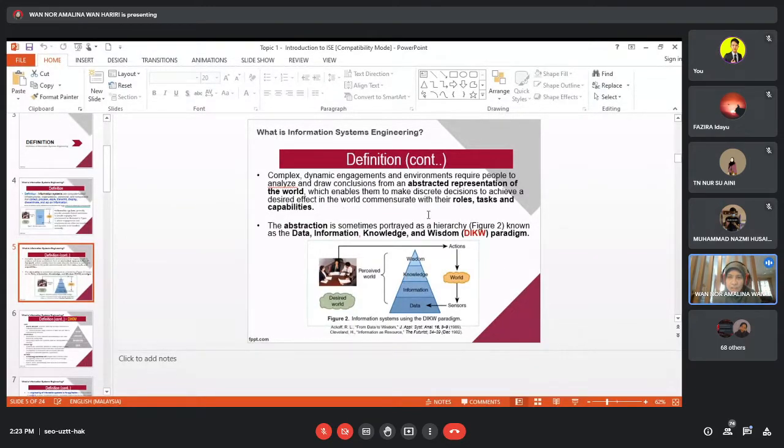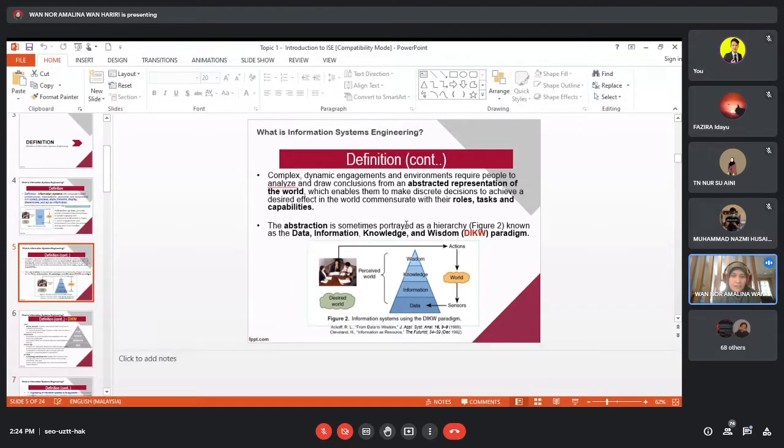Continuation of the definition, right? So complex dynamic engagement, draw conclusions from an abstracted representation of the world, which enables them to make discrete decisions to achieve a desired effect in the world commensurate with their roles, tasks, and capabilities of the people.